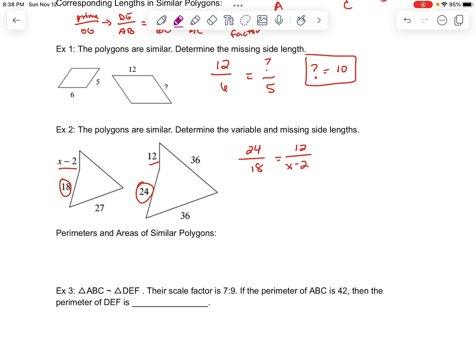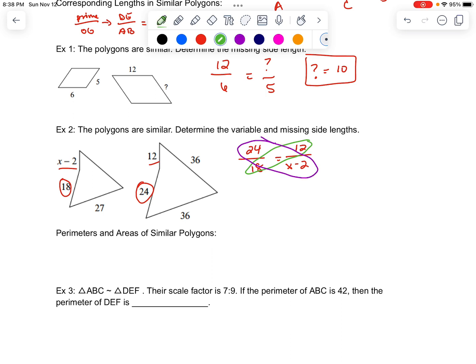So I'm going to show you how to cross multiply because sometimes you won't always be able to see that. So what you're going to do is set up your cross multiplication. On the green here, we have 18 times 12, and that's going to equal the purple being multiplied together.